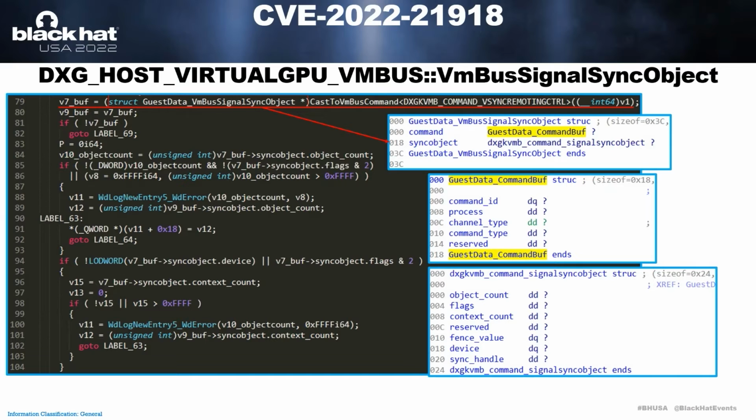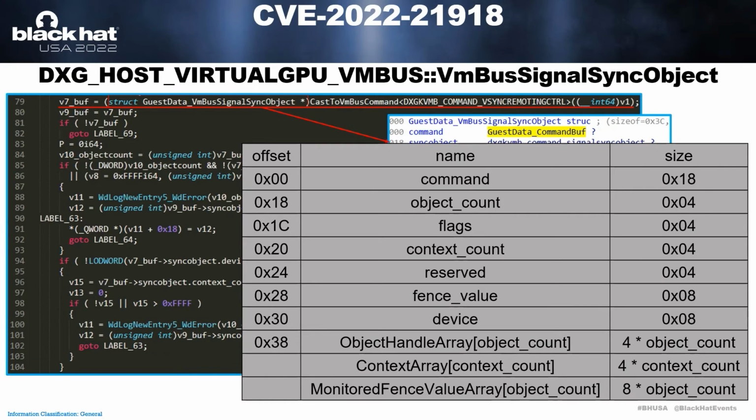The command member is a header of size 0x18, and the sync object member is the message body of the DXGKVMB_COMMAND_SIGNALSYNCOBJECT structure. In this diagram, the object handle array, context array, and the monitored fence value array are variable length arrays whose length and offset are controlled by the object count and the context count.